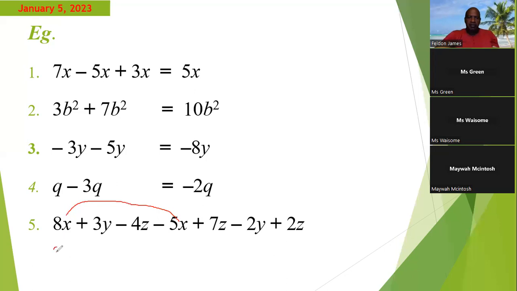So here we would group the 8x with the minus 5x. And you can just do the grouping for simplicity. When you become a little bit more proficient, you probably can simplify it without doing the grouping. But for now, just practice grouping them so that you don't make mistakes.